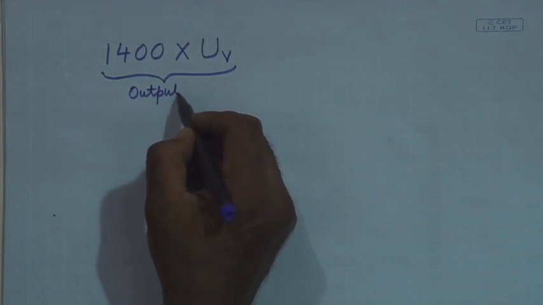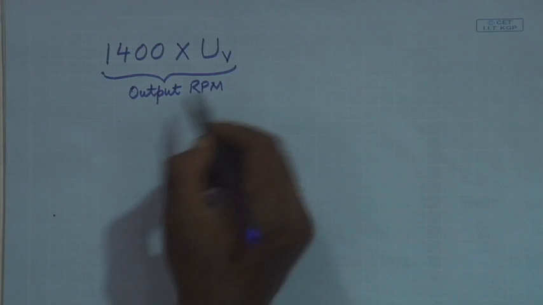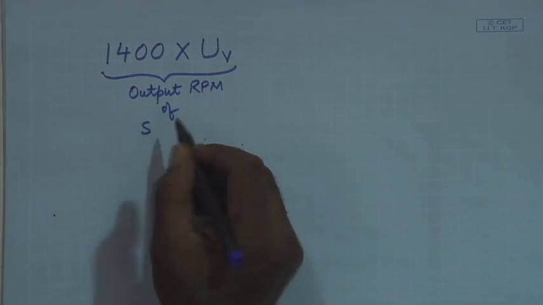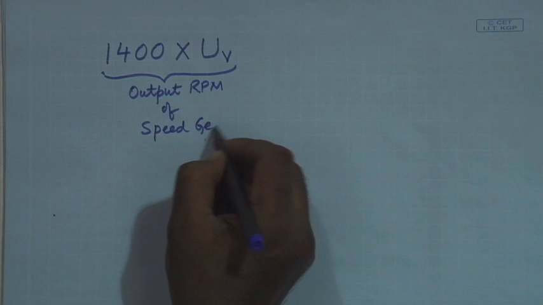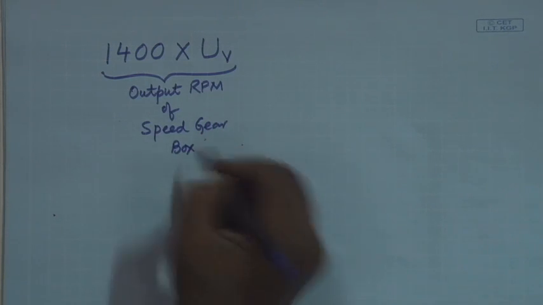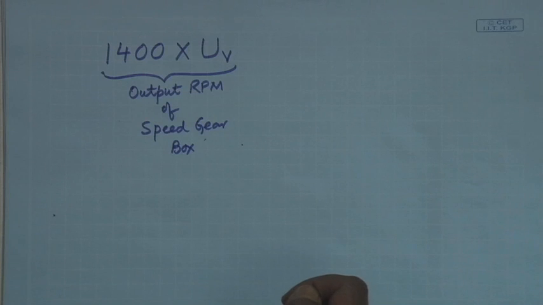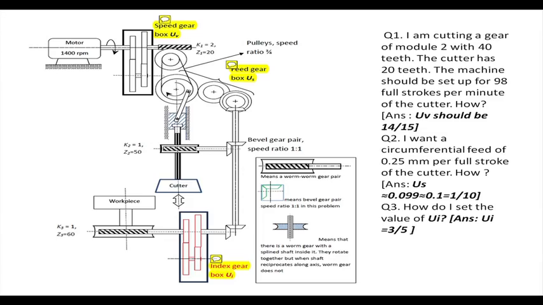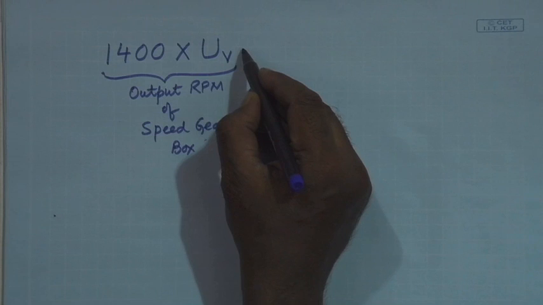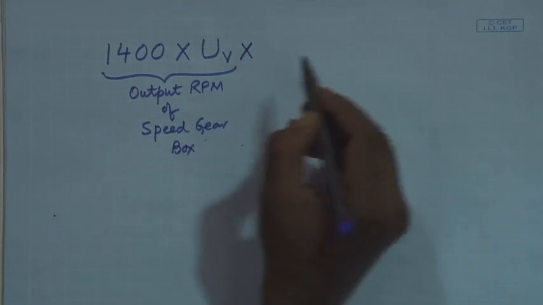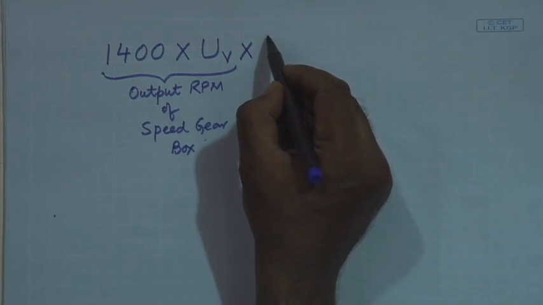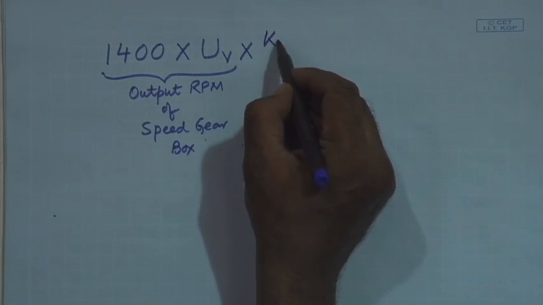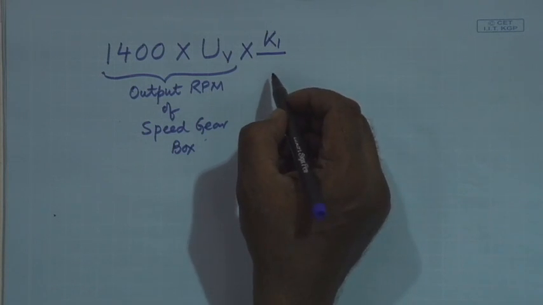So, we will write output RPM of speed gearbox. All right. If this is the output RPM, it must be shared with this particular worm. So, the worm has this RPM, and therefore, just multiply the speed ratio of the worm and worm gear, which is equal to K1 by Z1.